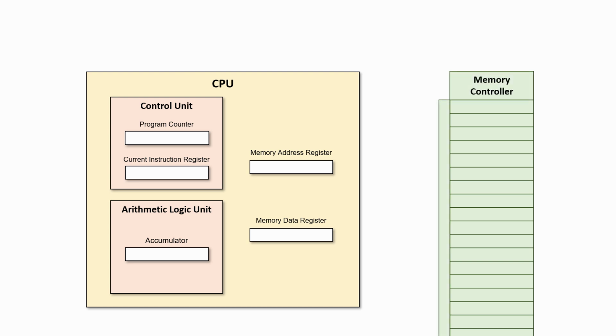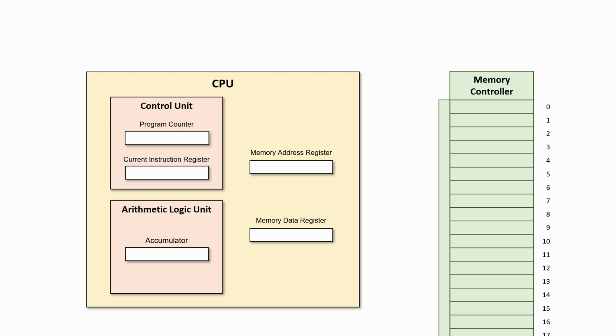The memory controller. Each memory location has an address. Memory addresses are numbers ranging from 0 to, well, something very big, depending on how much memory is available. Even a typical 8 GB of RAM has over 8 billion memory locations and therefore over 8 billion memory addresses.